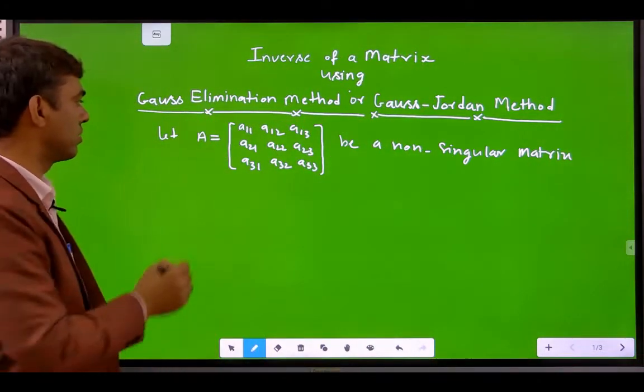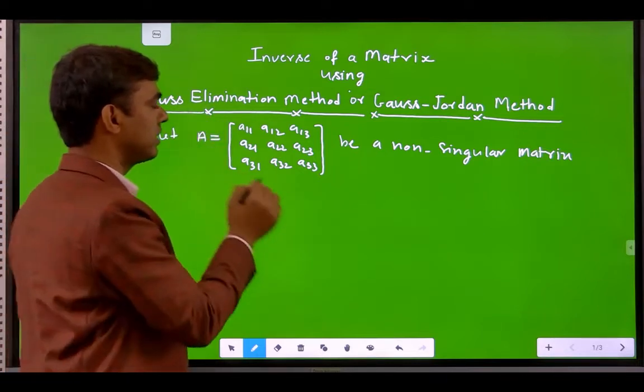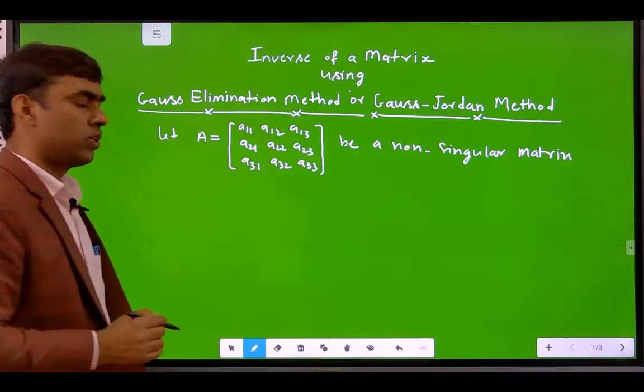Now we try to find the inverse of this matrix using the Gauss elimination method and the Gauss-Jordan method.